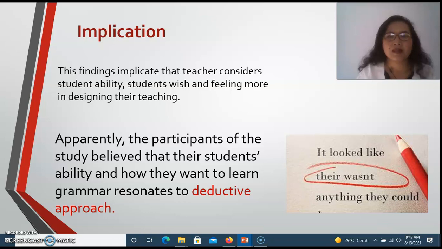The study has several implications. The findings imply that teachers consider students' ability, wishes and feelings more in designing their teaching. Apparently, the participants of the study believe that their students' ability and how they want to learn grammar resonate with the deductive approach.